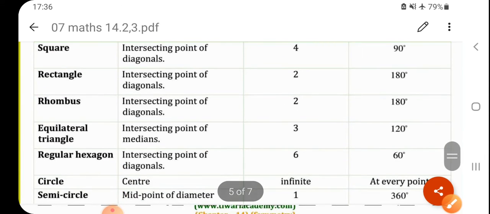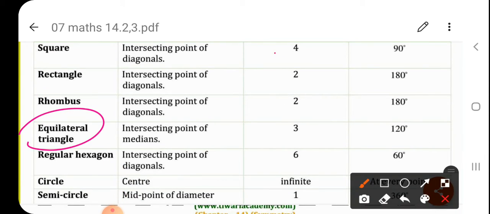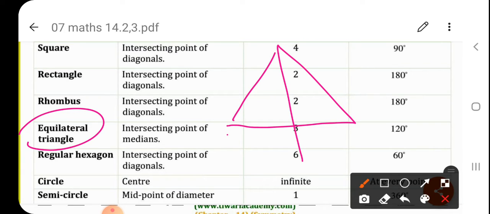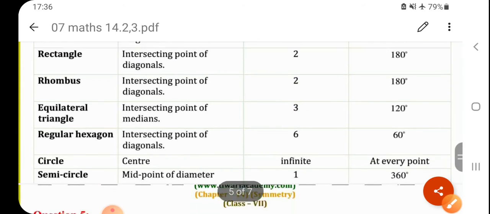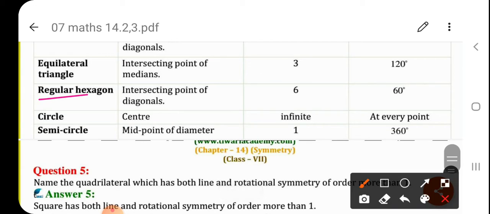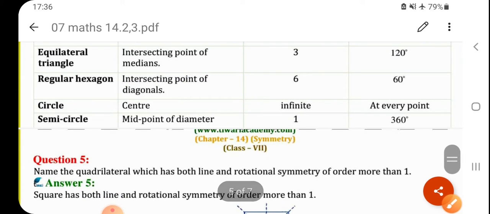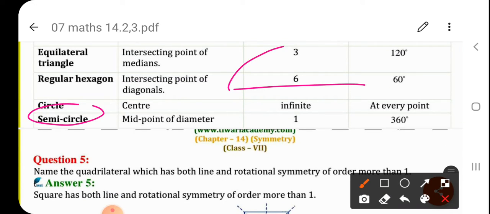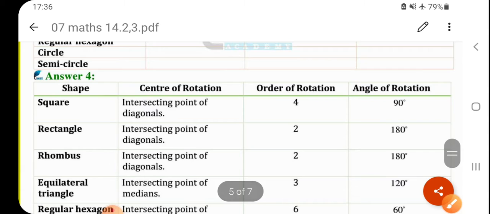Then triangle: the intersecting point of medians. In a regular hexagon, also the diagonals. Circle: the center itself. Semicircle: the midpoint of the diameter. This is the diameter and here is its midpoint. That will be the center of rotation.